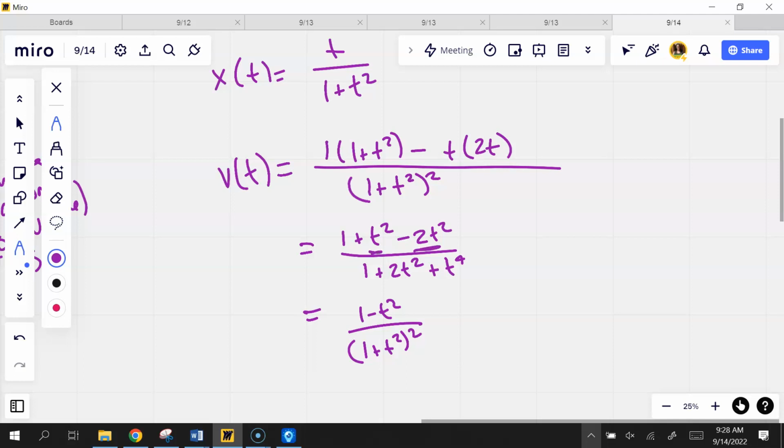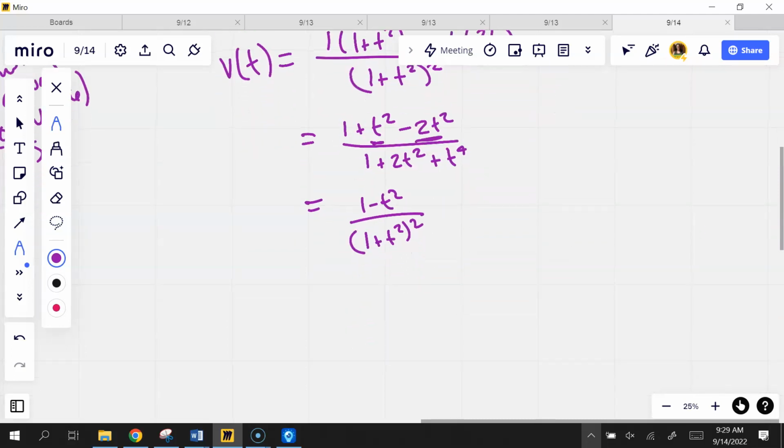T squared minus 2t squared is negative 1t squared. It may help me because I know I'm going to have to find where it equals 0 at some point, right? So it may help me to write it as 1 minus t, 1 plus t over the bottom whenever I solve, but you don't have to. All right, so there's the derivative.